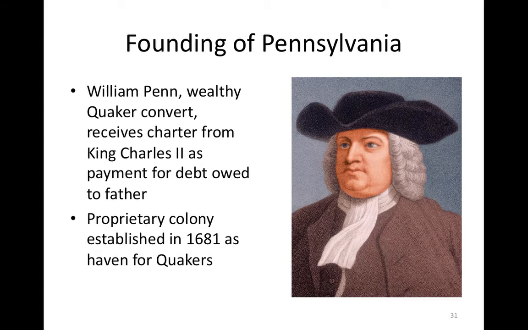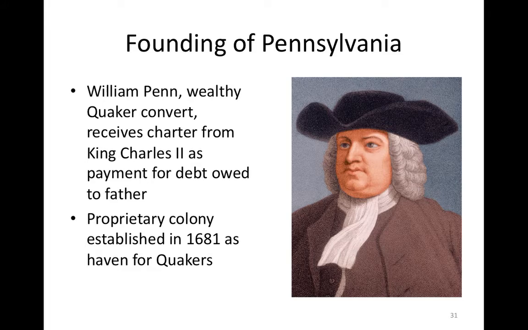They found their opportunity in the relationship between William Penn and the king. William Penn was a wealthy guy, an aristocrat, who converted to Quakerism. And it just so happens that William Penn's dad was owed a whole bunch of money by the king. So King Charles is like, hey, listen, let's just settle this debt. William Penn, I owe your dad money. Here's a whole bunch of land in North America.